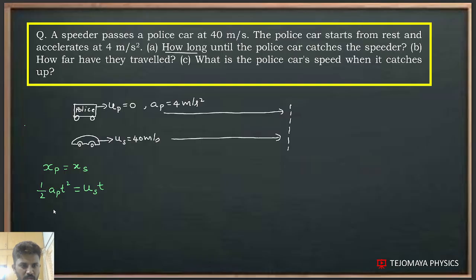So here half into acceleration, 4, times t. One t gets cancelled, so us is 40. If you solve this, you will get around 20 seconds. So this is the answer for A.